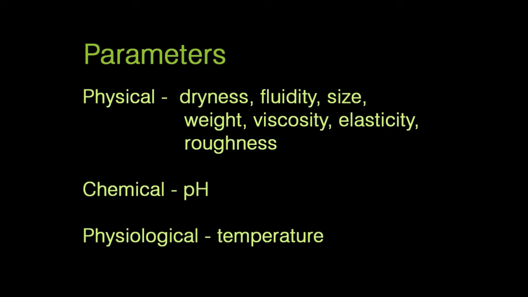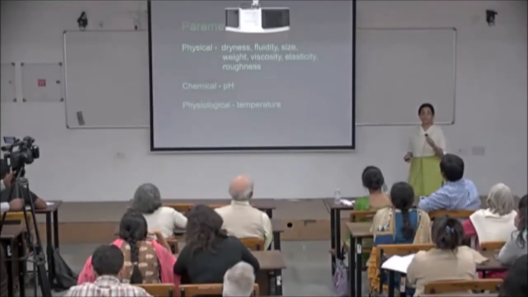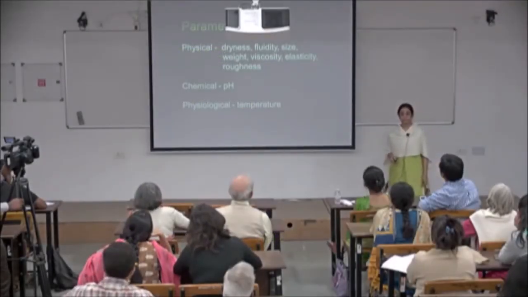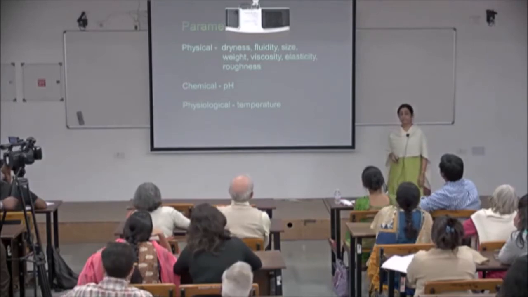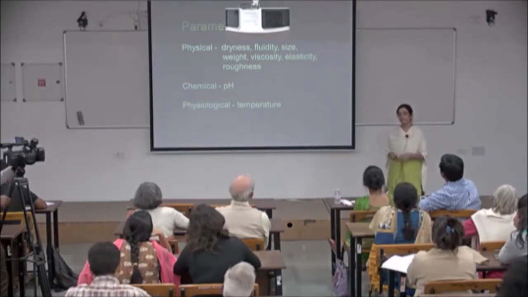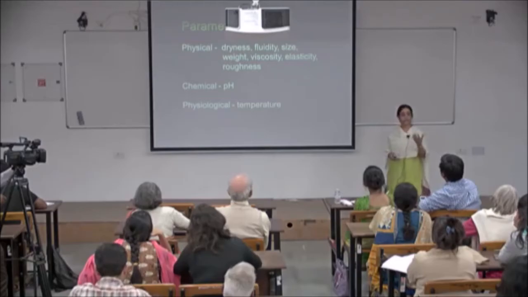What happens if there is an increase in dryness? Movement is going to be affected. What happens if the viscosity of the blood changes? For many heart patients, blood thinners are required because as the blood becomes viscous, its movement is slowed down. Right? So these are all physical parameters which affect movement.